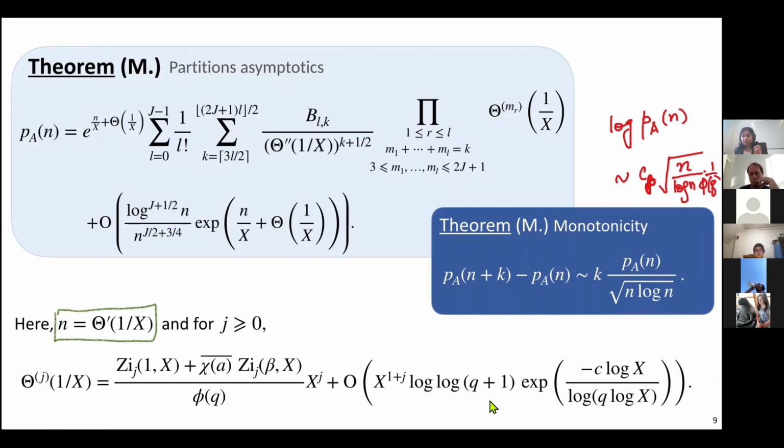Okay, so now we have this monotonicity, but all these results, except the zero free region part, follow from this theorem. So this is the main theorem, and it requires all of this work, but the other results could be proved using this long formula and the expansion for all these derivatives of theta.